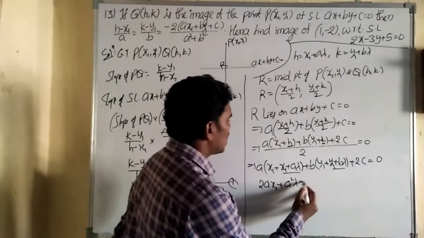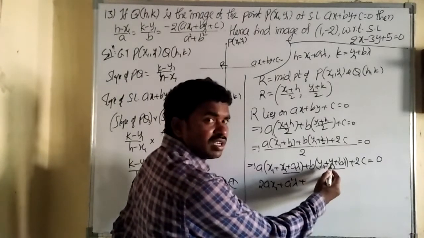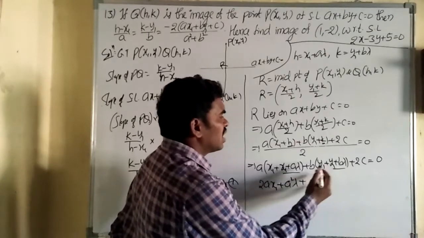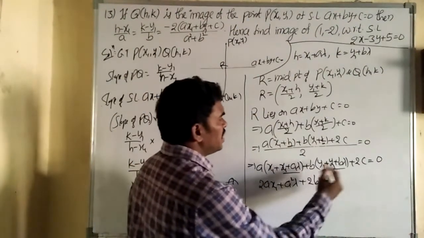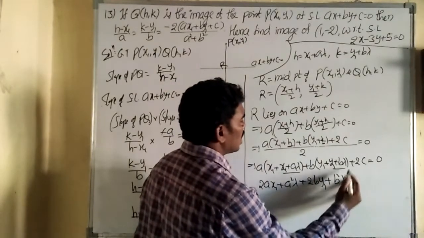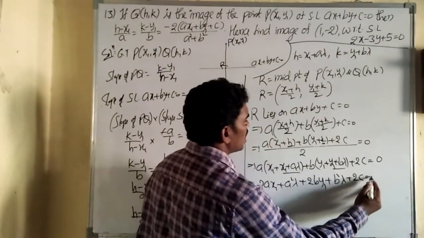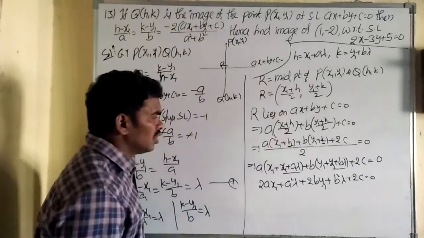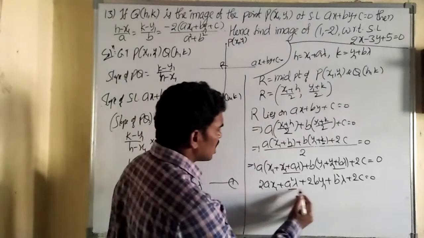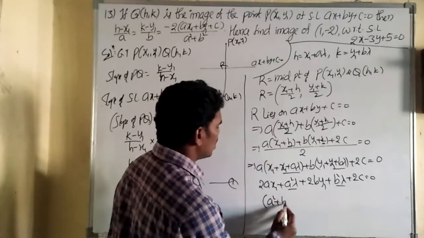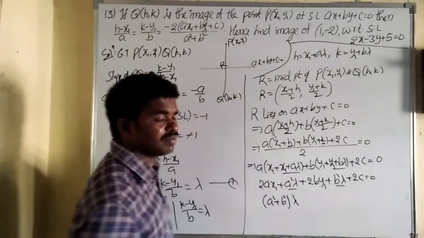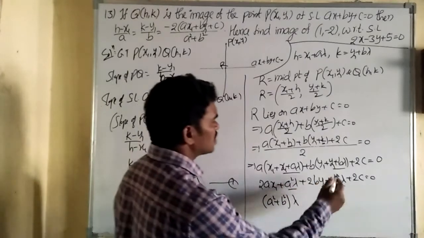Plus y1 plus y1, very good, 2y1 into b, 2by1, plus b into b lambda, b square lambda, plus 2c equal to 0. Now see here, a square lambda, b square lambda, we can take lambda as common in both terms. Lambda is common. Am I right?